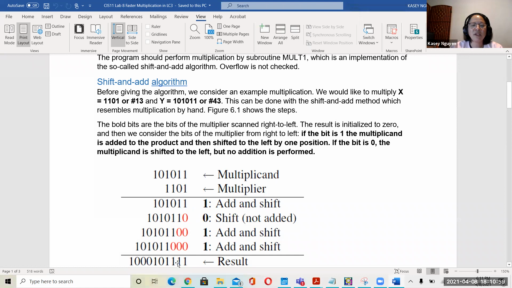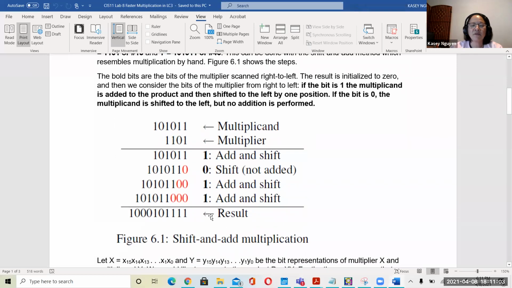So when you add everything together with binary addition, you would get this result. This technique is what's seen already in binary multiplication. Now we would take these steps, or the algorithm, and implement it in LC3. Okay, any questions so far?